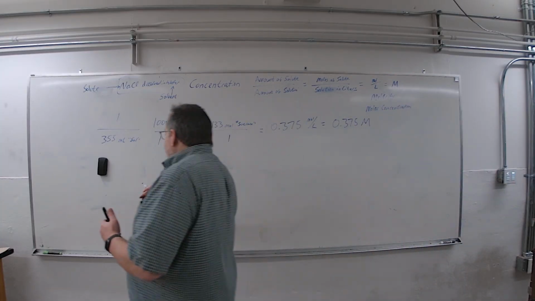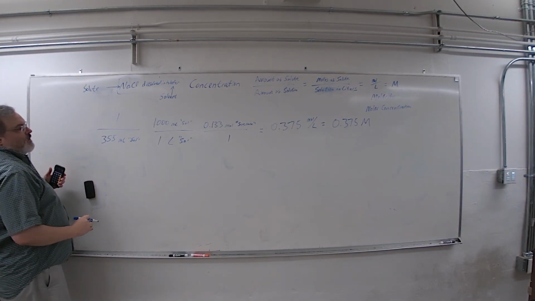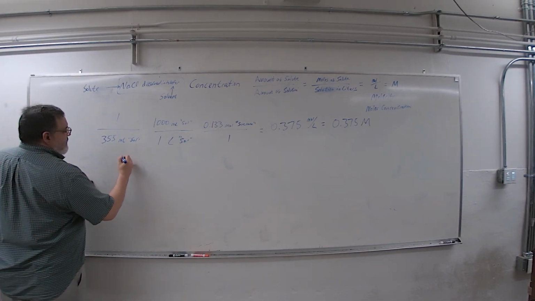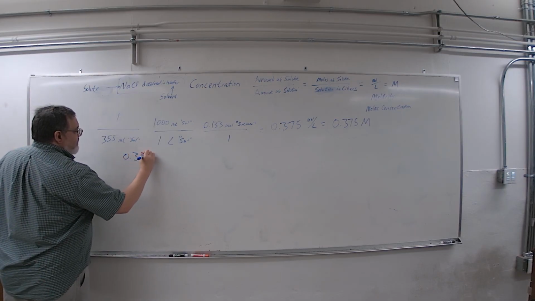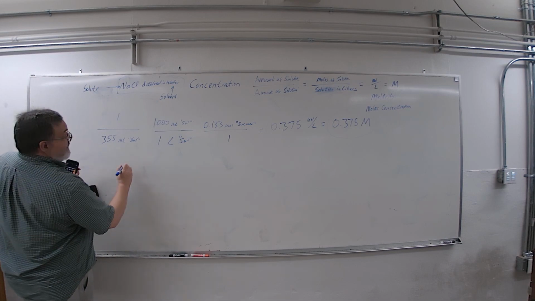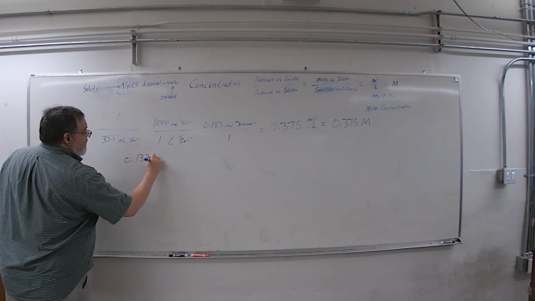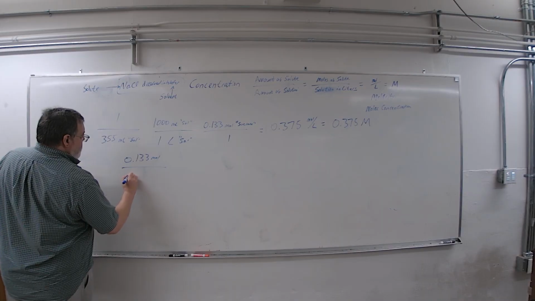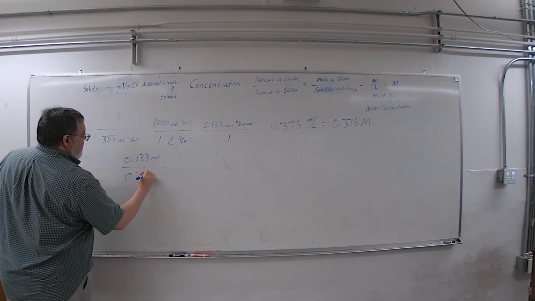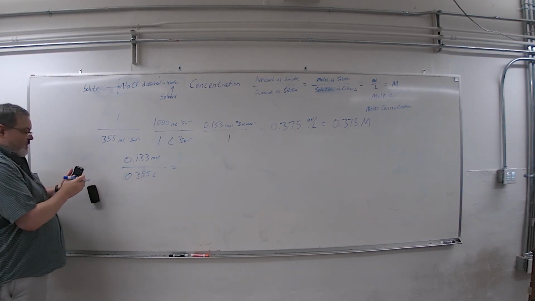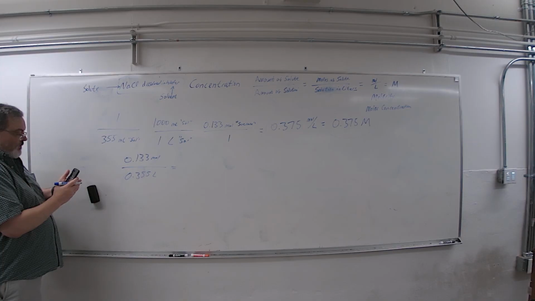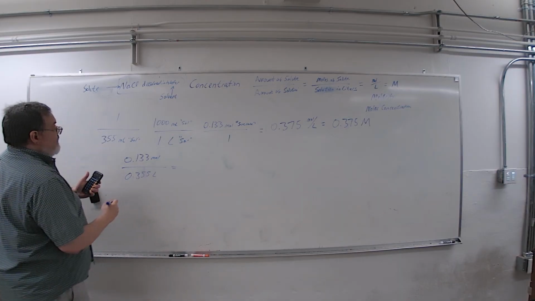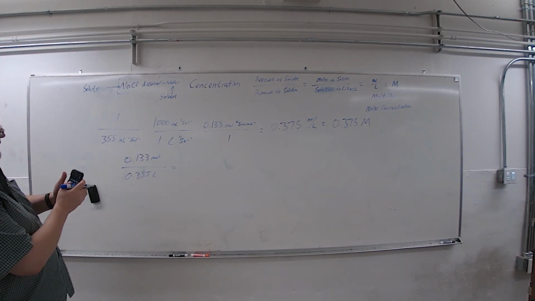I think maybe if you wanted to do it just by moving a decimal with your head, you would go moles over liters. 0.133 moles over 0.355 liters. 0.133 divided by 0.355. Is it 355?